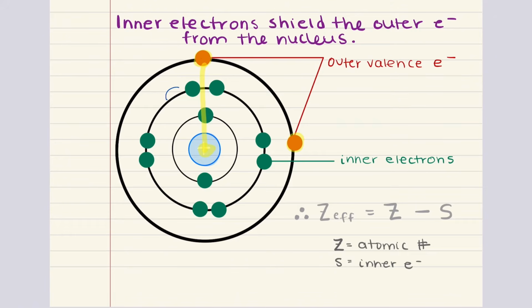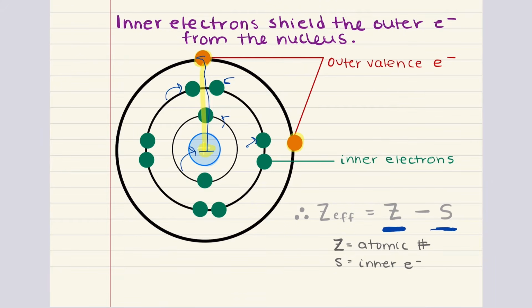However, there are inner electrons that are in the way that partially shield and mitigate this positive attraction between the nucleus and the outermost valence electron. That's what we are discussing when we say effective nuclear charge, and we can think about it as the number of protons minus the shielding effect of the inner electrons. What does this mean?